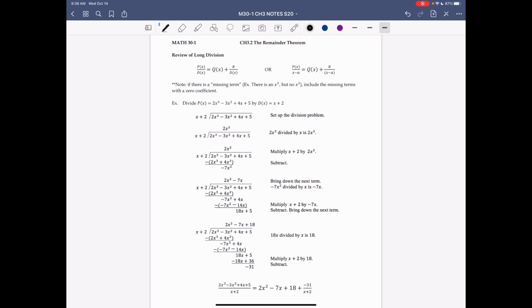Chapter 3.2, the remainder theorem. Let's review long division, which we first saw in our rationals unit.